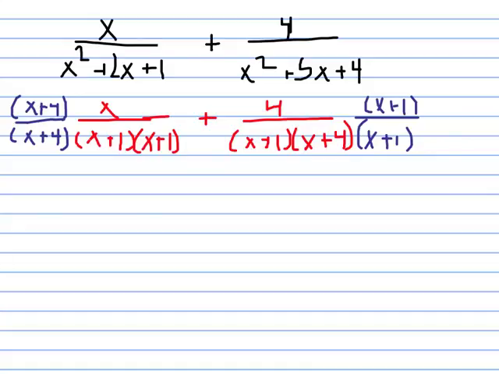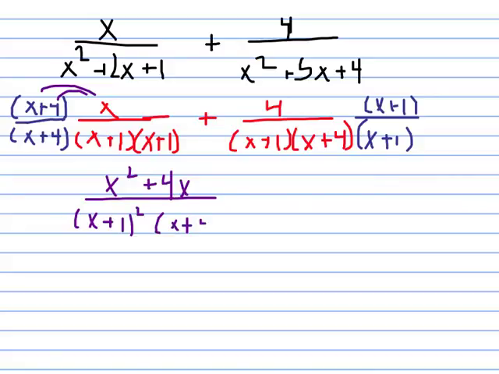Alright, so after we balance out the denominators, let's go ahead and multiply each of those terms through. So I end up with x squared plus 4x over my denominator, which I'm just going to write x plus 1 squared times x plus 4, because I don't want to keep writing it.